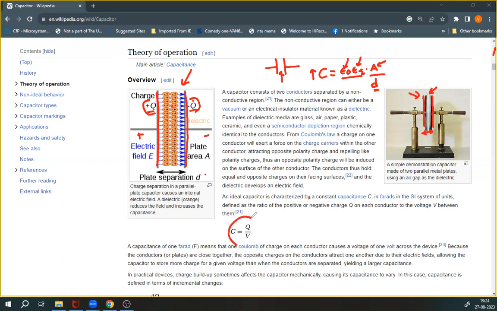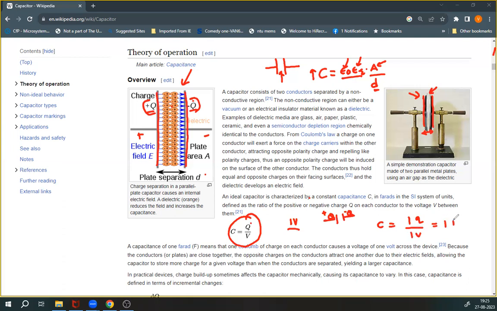Now let's look at this equation, as we've seen in the previous modules. Please refer to that. Capacitance, net capacitance, is equal to Q over V. If you apply 1 volt across the capacitor, and it creates a charge of positive Q and negative Q, 1 coulomb each on each of these plates, then the net capacitance would be 1 coulomb divided by 1 volt.